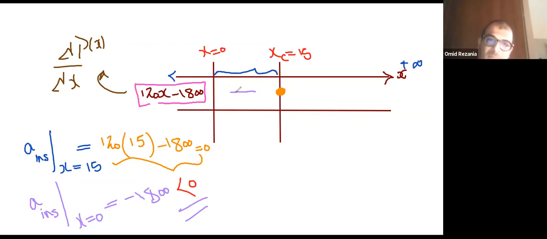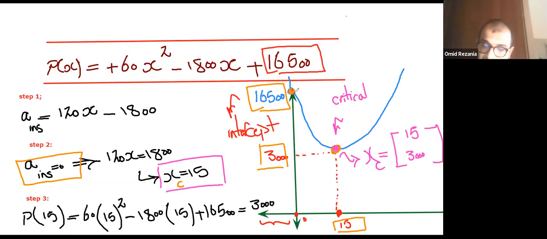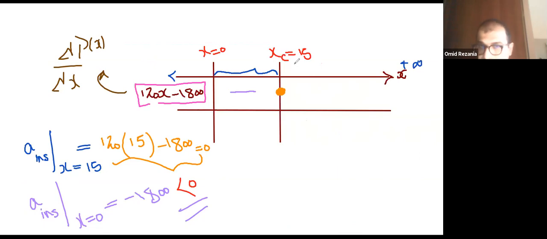Okay, now you see that it's going to be negative. It means that the slope of any tangent line between these points to this point is going to be negative. It means that it's going to be along this direction. However, after x equals 15 to plus infinity, I'm just going to pick a number, for example x equals 20. Then the instantaneous rate at x equal to 20, it becomes what?